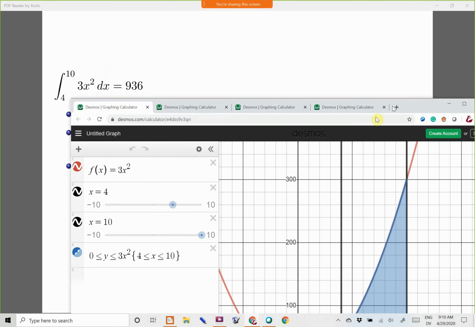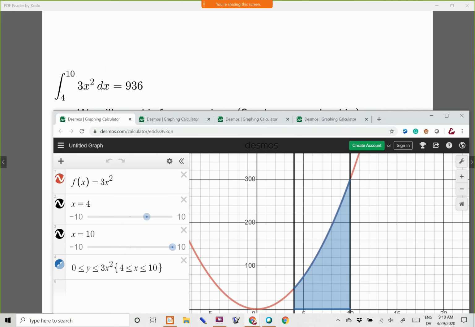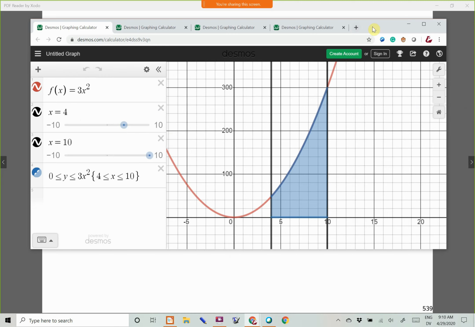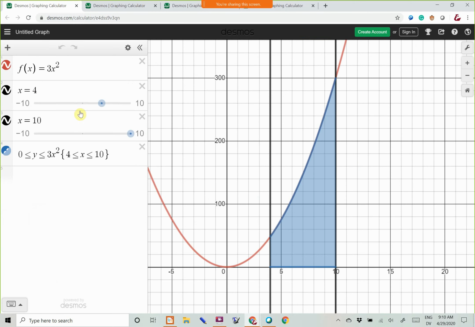The problem is a definite integral, meaning this is still an area problem, right? There's the function 3x squared shown in red, and the two vertical lines x equals 4 and x equals 10. Those are the numbers on the top and bottom of the integral sign. The region under the curve, under the function, but above the x-axis and between the two vertical lines, is shown here in blue.